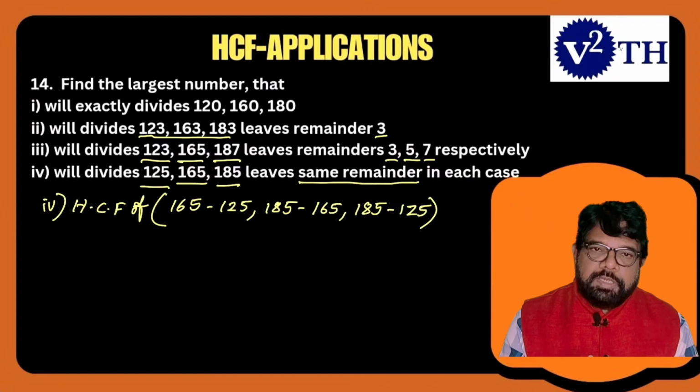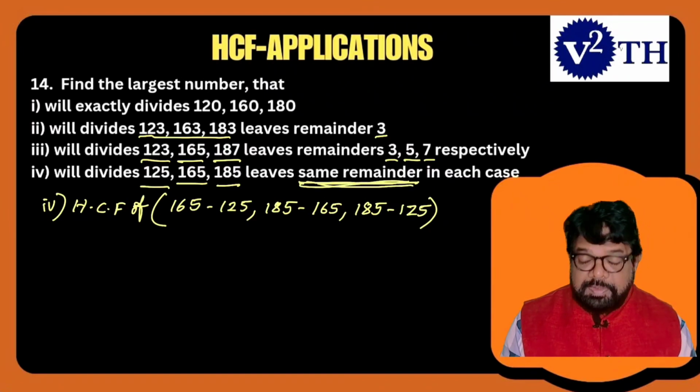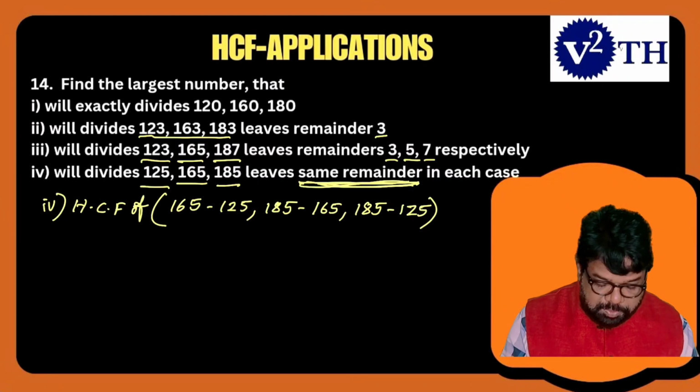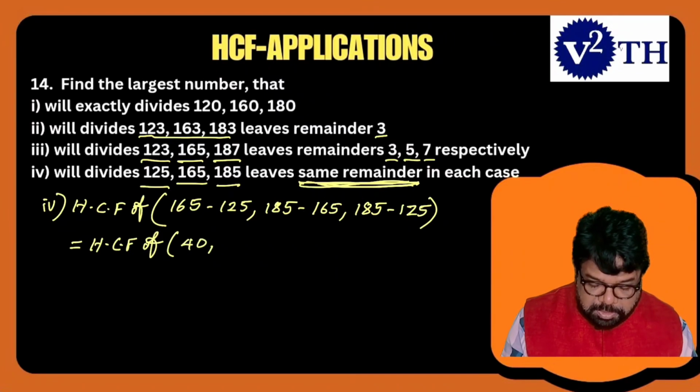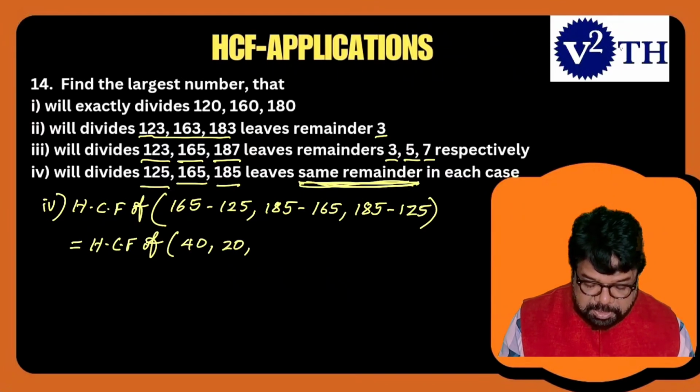When you go for this strategy, in the given data, the same remainder is given. Now see here, what are the differences now? 165 minus 125 means 40. 185 minus 165 means 20. 185 minus 125 means 60.